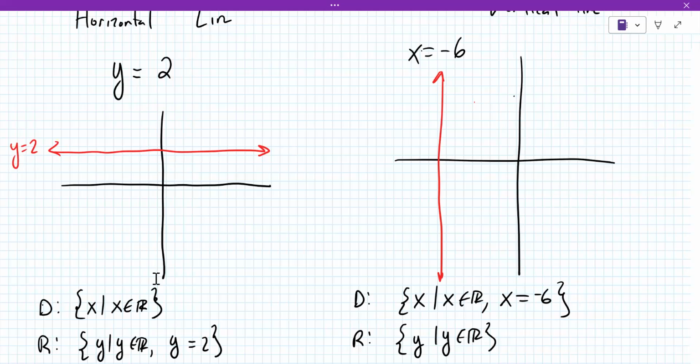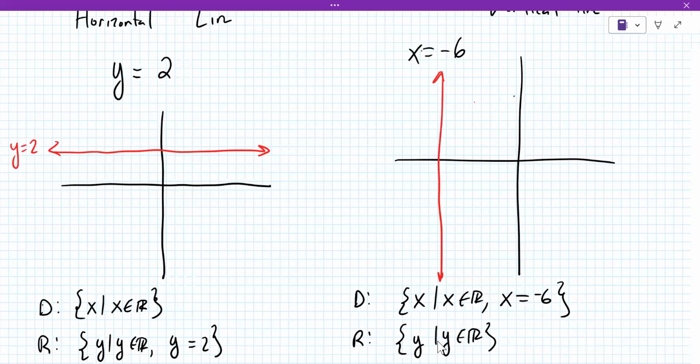When you look at the two domains and the two ranges, do you see any similarities or anything that you could use to try and remember them?